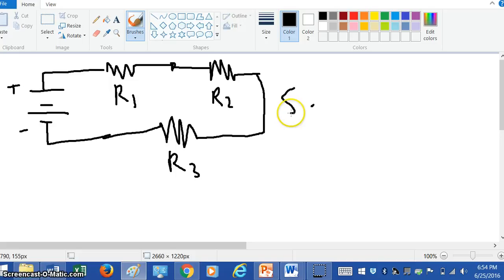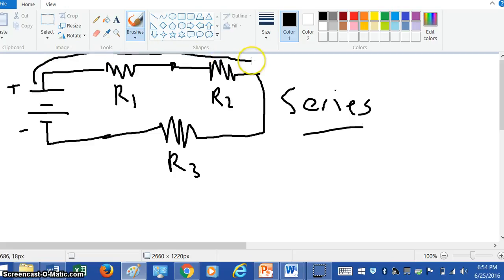Of course, this is a series circuit. And why is that series? Well, the current comes out of the positive side, we know it doesn't actually do that, goes through this electrical device, goes through this electrical device, and goes through the third, and then comes back to the other side of the battery, the DC power supply.